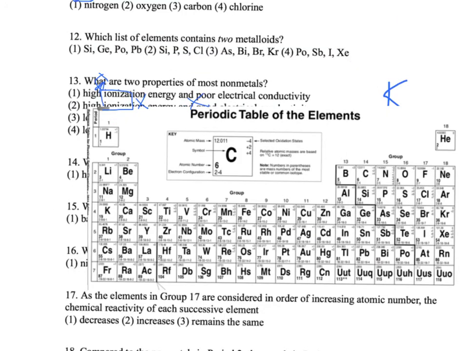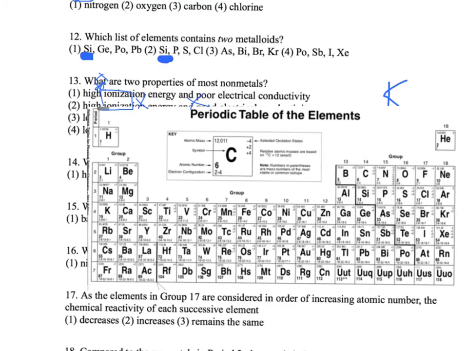Question 12, we're looking for two metalloids. Recall that the metalloids border the bold staircase of the periodic table on two sides. So our choices include boron, which is not listed here, silicon, which is listed. So I see there's a silicon here, and another silicon here.